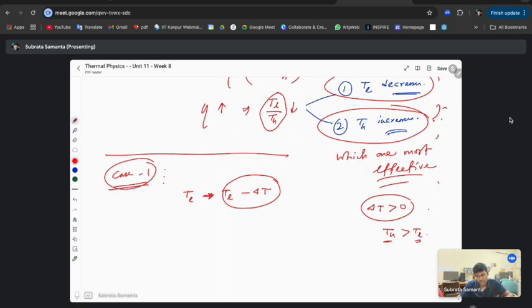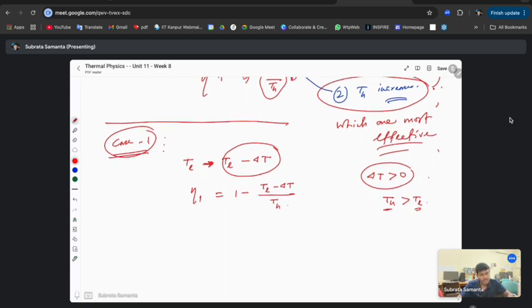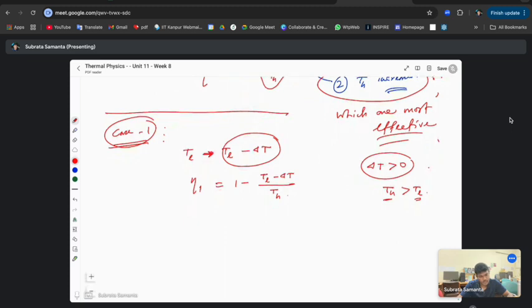So in this case, let's say the efficiency is eta 1. So what is the value of eta 1 then? 1 minus TL minus delta T over TH, right? Okay, so this is, let's say, equation number 1.